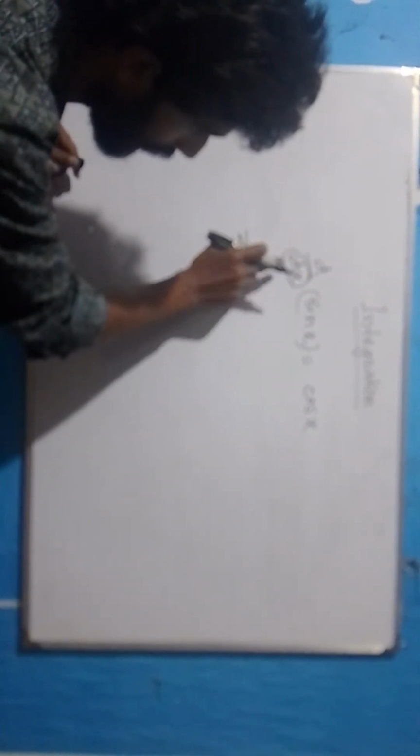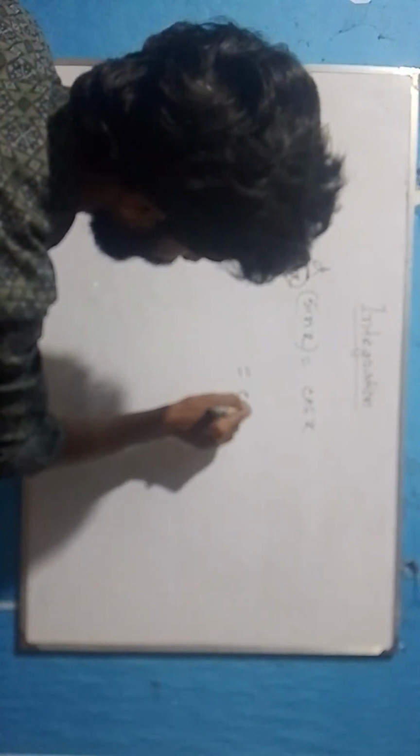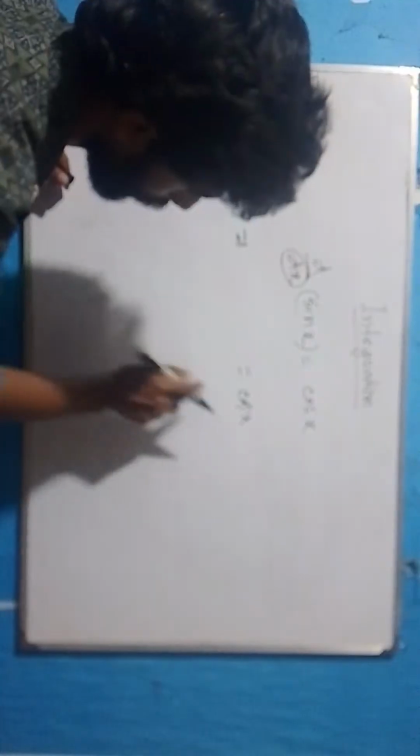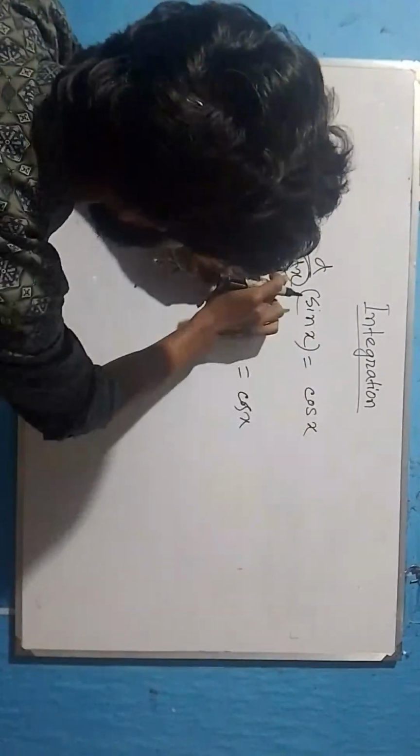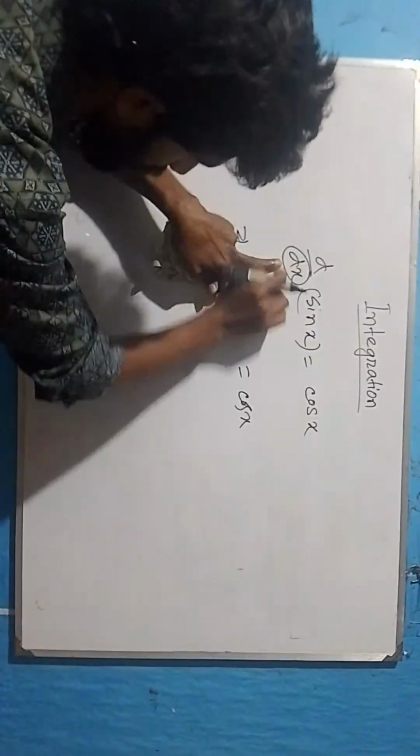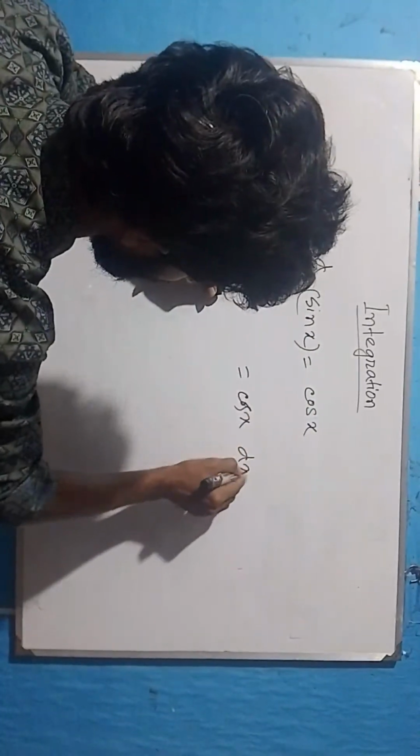But now if you apply this inverse, dx comes here again, next to cos x.